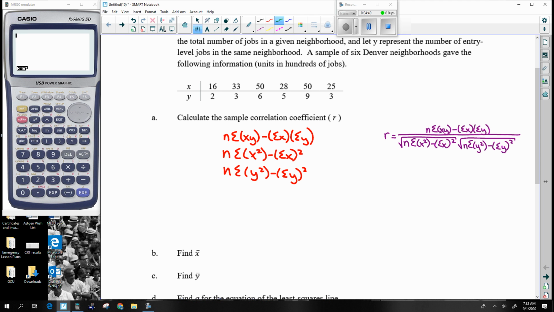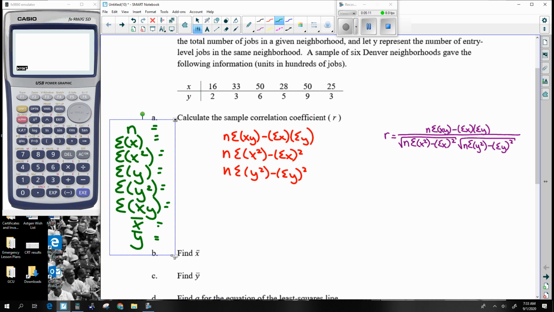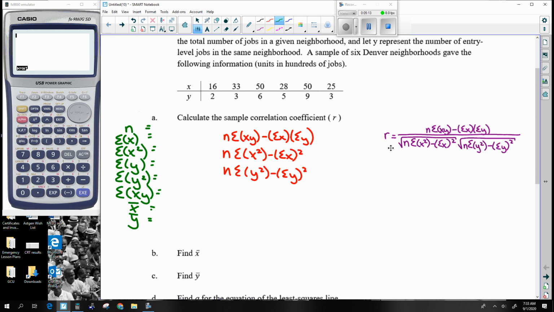You'll see what I mean. So the Christmas tree is n, sum x, sum x squared, sum y, sum y squared, sum xy, then x bar, y bar. This is the Christmas tree. This will get you all of the little pieces necessary to actually be able to construct the mini formulas and ultimately this big correlation coefficient.